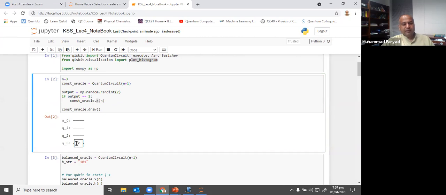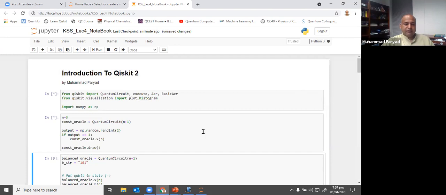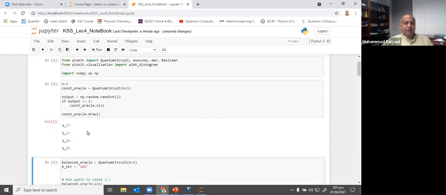So when X is not used, let's just start working it out. When X is not implemented, I get a constant function with all outputs implemented with f of x equal to 0. So this is sort of a trivial oracle. It's constant because whatever is Q0, Q1, Q2, they're getting to the output as it is, and it is implementing f of x equal to 0.